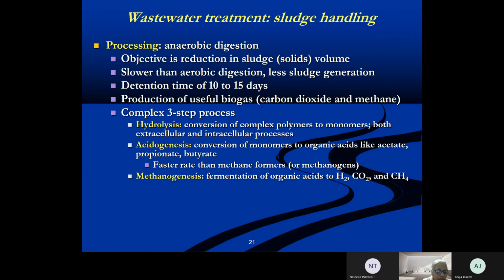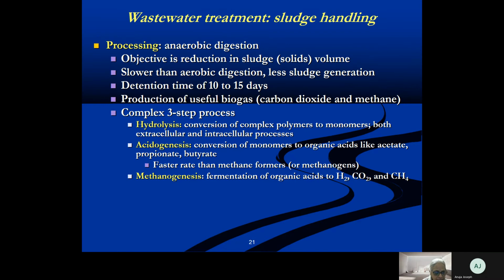The first and primary objective of anaerobic digestion is to reduce the sludge volume. Okay, the objective is to reduce the sludge volume.